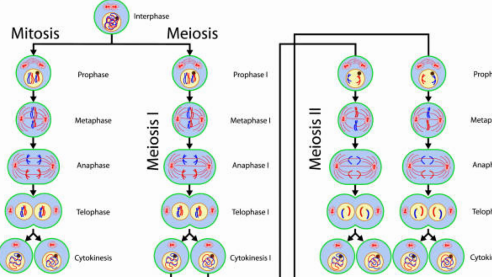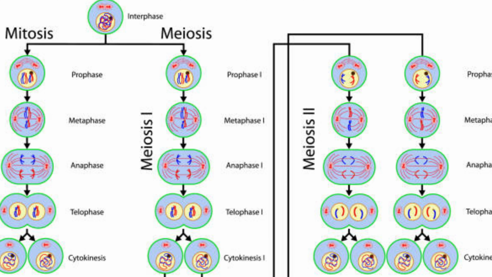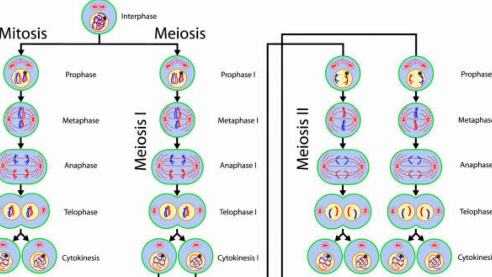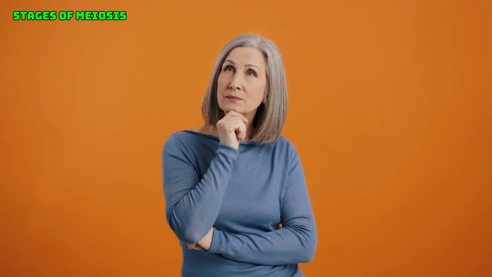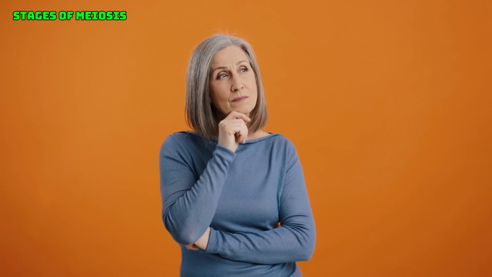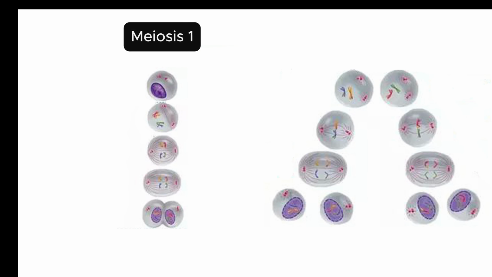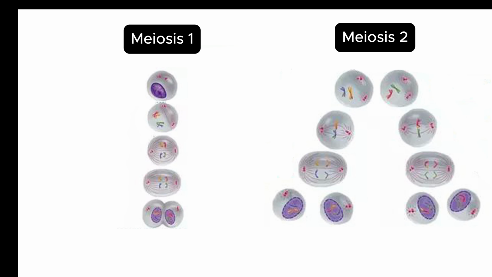Each of these stages has its own series of phases. Before diving into each stage individually, it's important to first understand the stages of meiosis using a chart so that you don't get confused while watching this video. This chart represents meiosis, which consists of two phases, meiosis 1 on the left side and meiosis 2 on the right side.